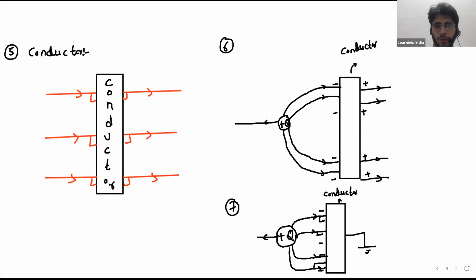Yes, sir. It's okay. Now, after field lines, the next is the concept of uniform electric field.